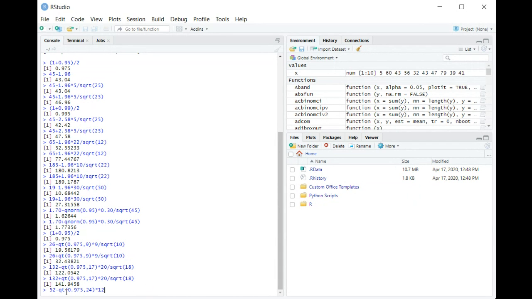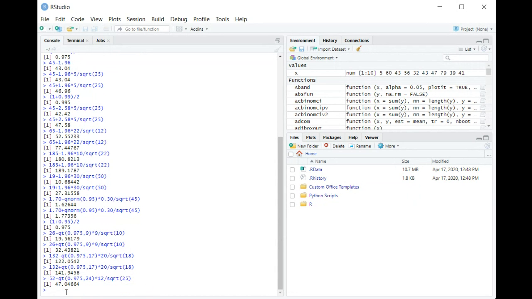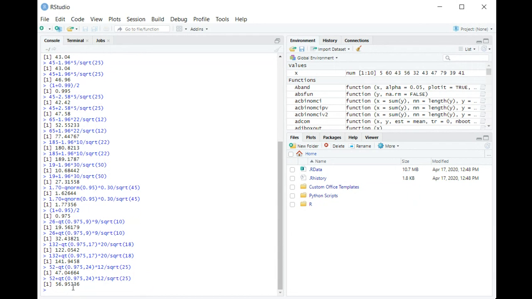I should stop saying standard deviation with this. 12 over the square root of 25. Enter, and it's 47.04. And then I'm just going to up arrow again here, and I'm just going to switch these. So 56.85. Okay, so we're done with that one.